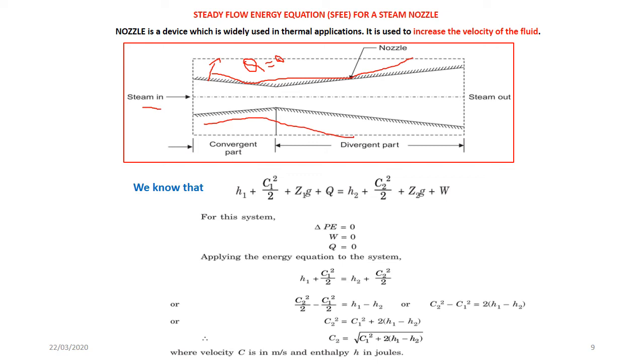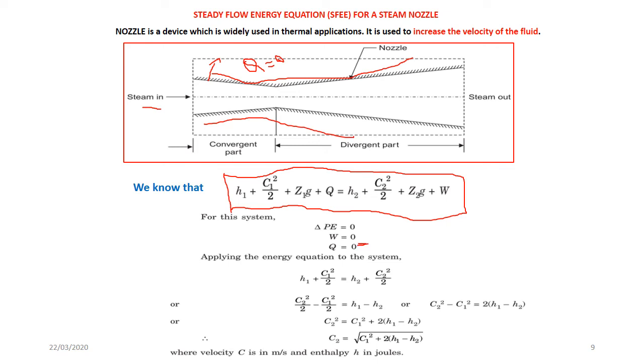We know the steady flow energy equation. How do we write it for the nozzle? As I told you, it's an adiabatic process, so Q is 0.